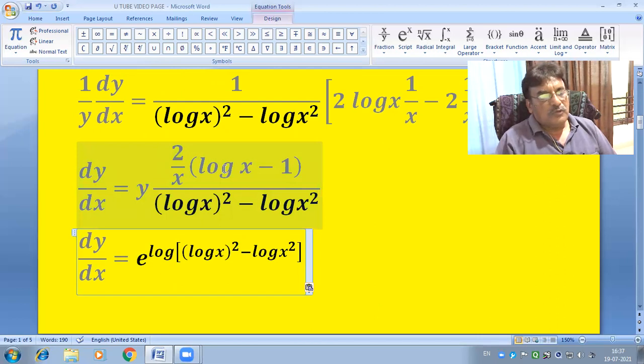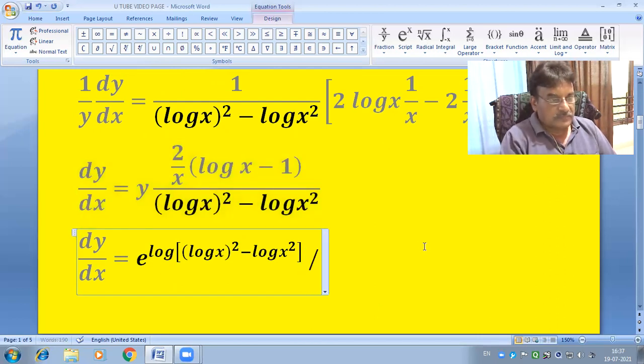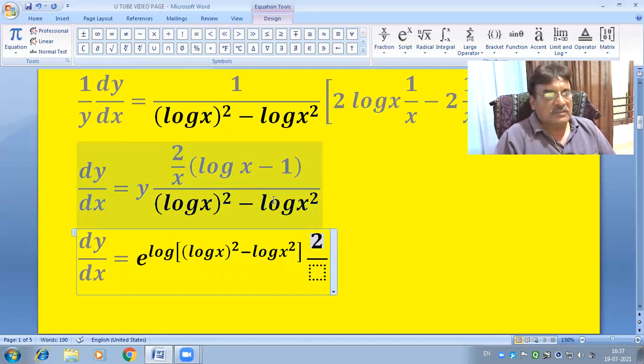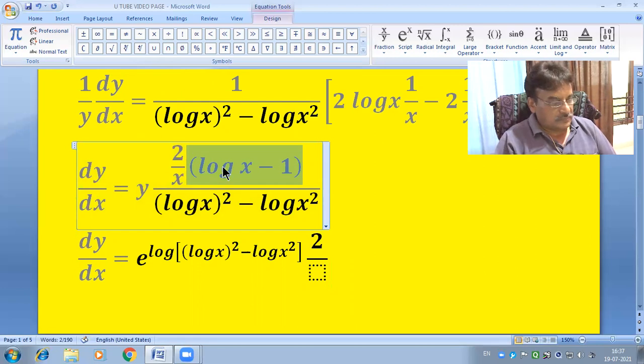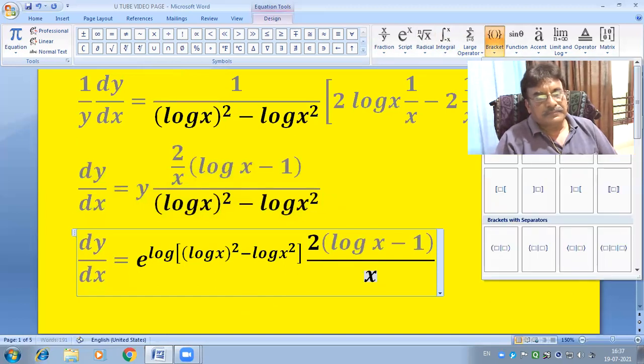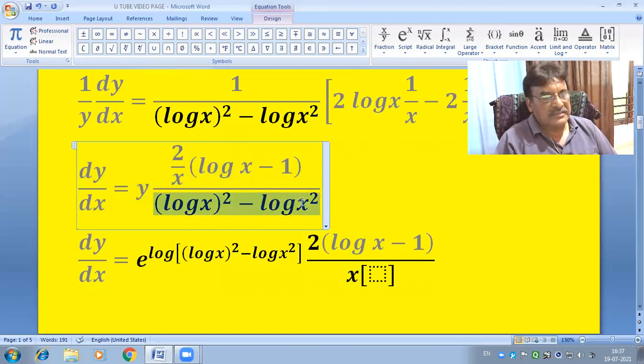Then here 2 into (log x minus 1) upon x into this denominator. So write x in bracket (log x)² minus log x².